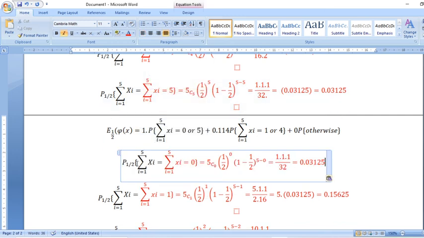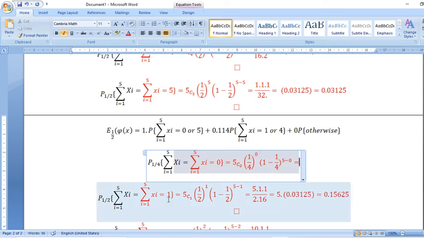Now we can use 1 by 4 instead of 1 by 2. We can use 1 by 4 for the computation of power. Now you have to find out the right side.